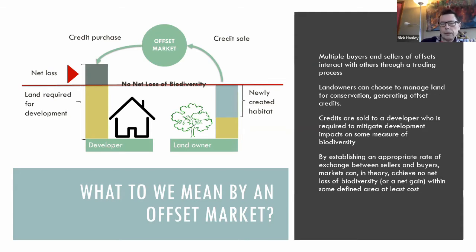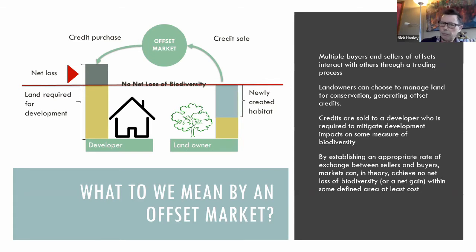So essentially this market is going to generate a price for units of biodiversity. Developers have to buy credits. Landowners, by changing their land management, are going to be able to supply those credits, and the market is going to match suppliers with demanders.